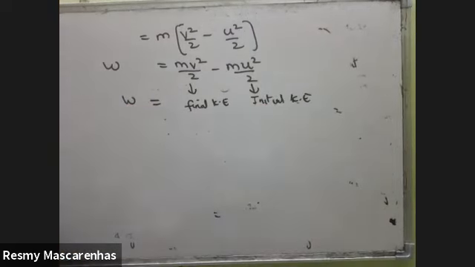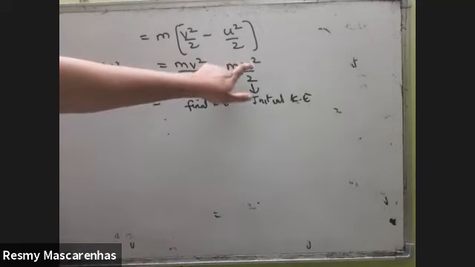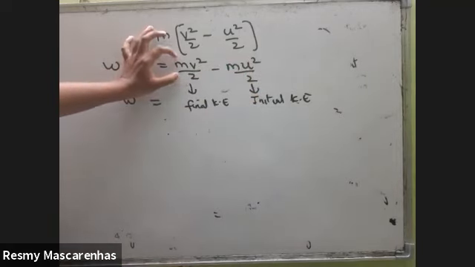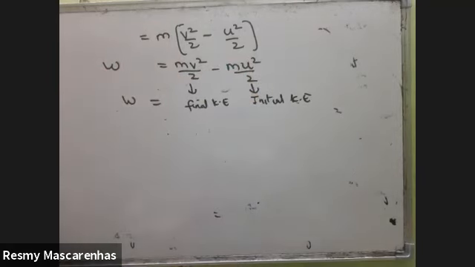Work done is nothing but final minus initial. So if the body is starting from rest, u will be 0 and this will be only part. Okay. So this was about kinetic energy.